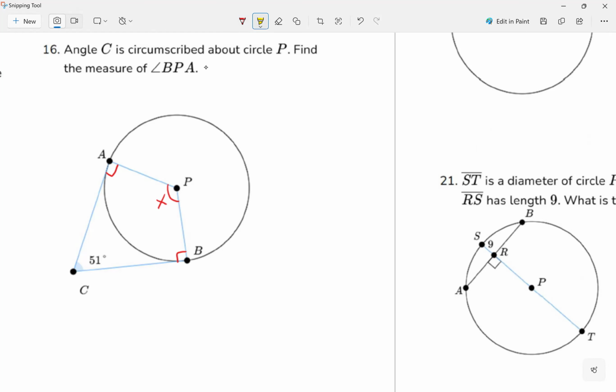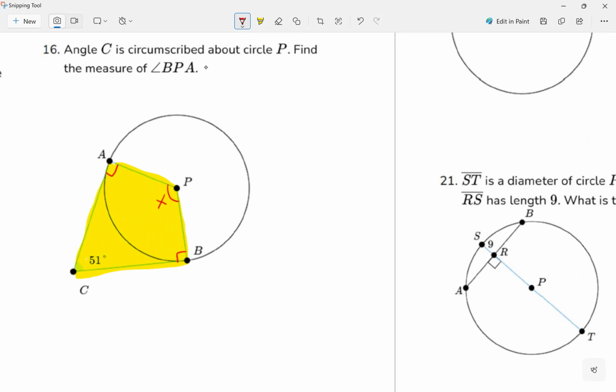Now, I'm looking at a four-sided figure. I'm looking at a quadrilateral. All the quadrilaterals, all the figures that have four angles, always add up to 360.